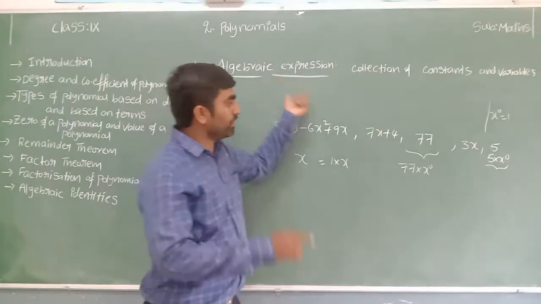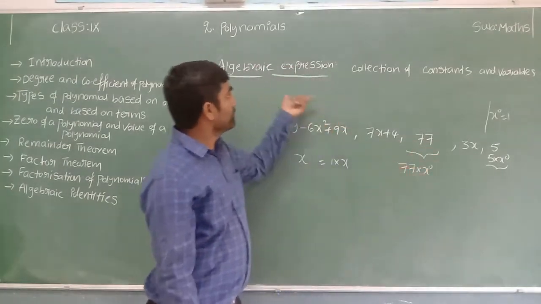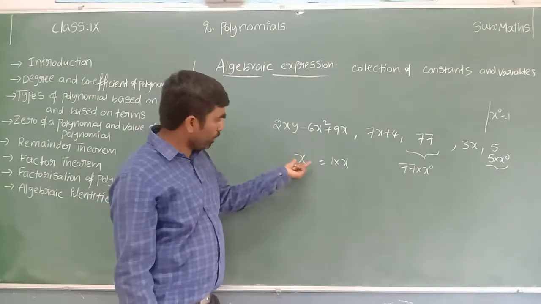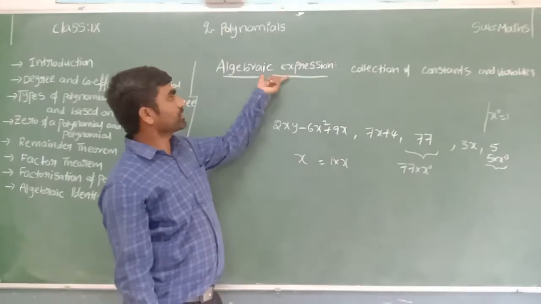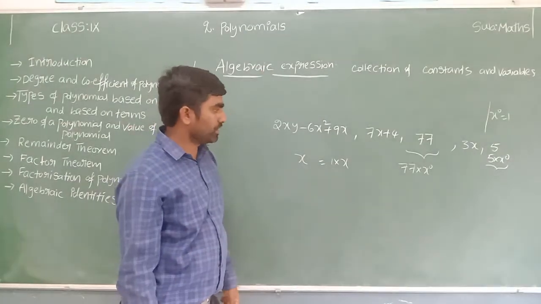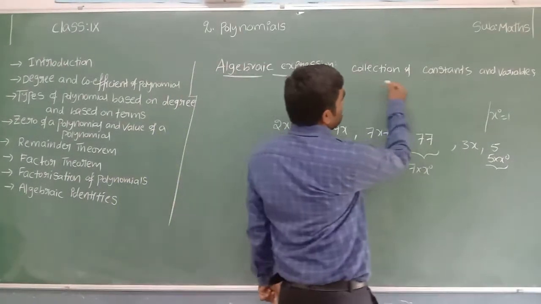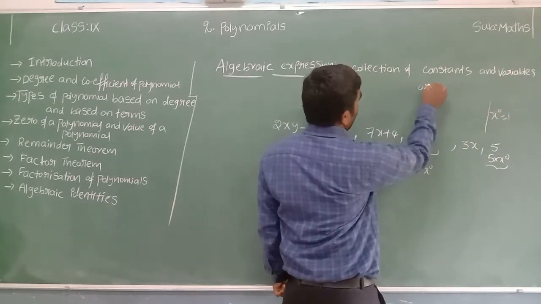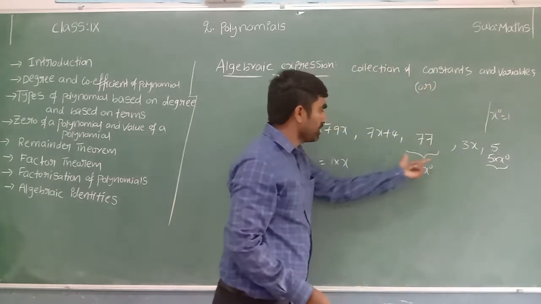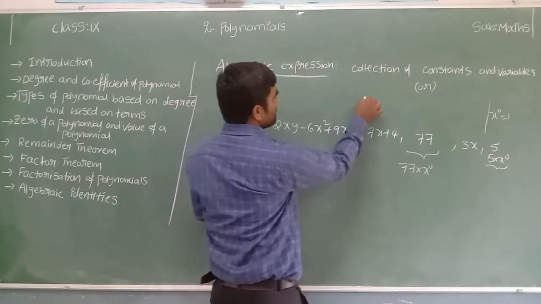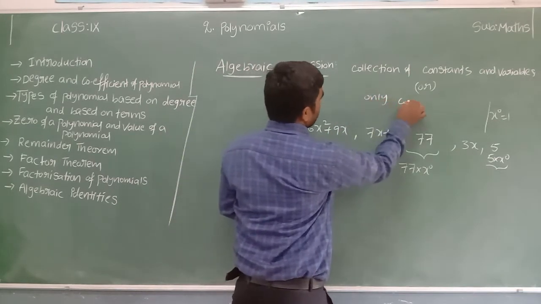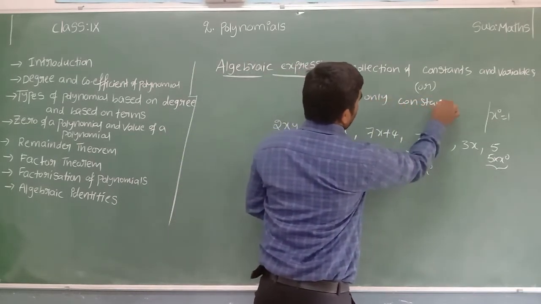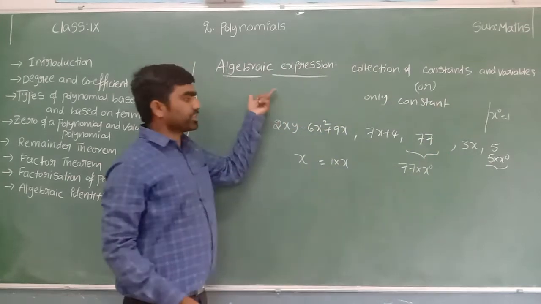So what I want to conclude is that a constant is also an algebraic expression, and a single variable is also called an algebraic expression. So a collection of constants and variables, or only constants if we take, that also is called an algebraic expression.